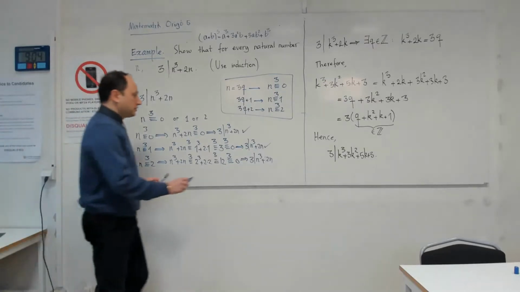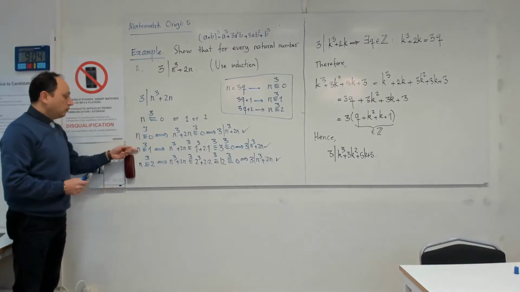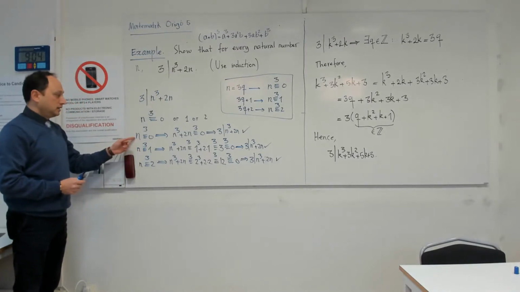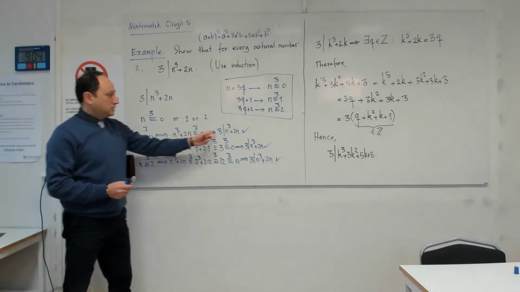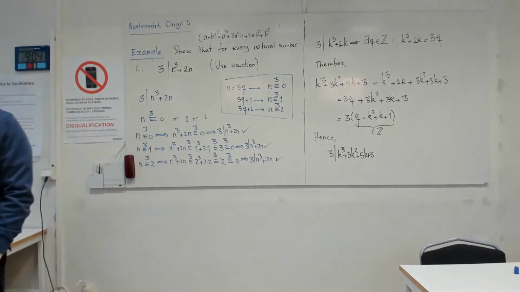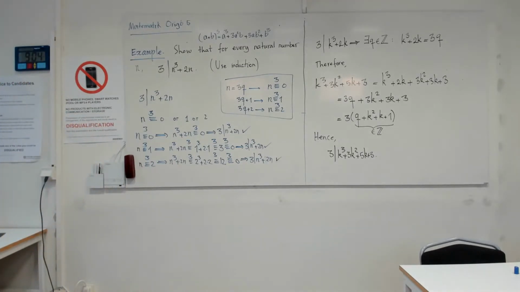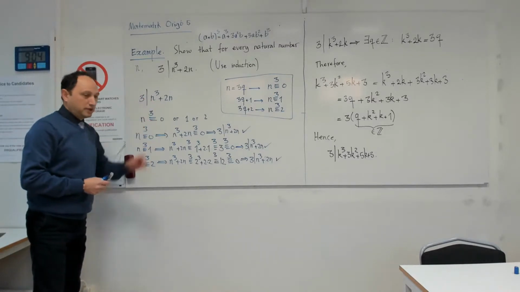So that's also true. These are the only possible cases for n. I showed that in all possible cases, this statement is a true statement. Yes? So this is the proof for this without using mathematical induction. So that's also good to refresh your memory about these ideas.